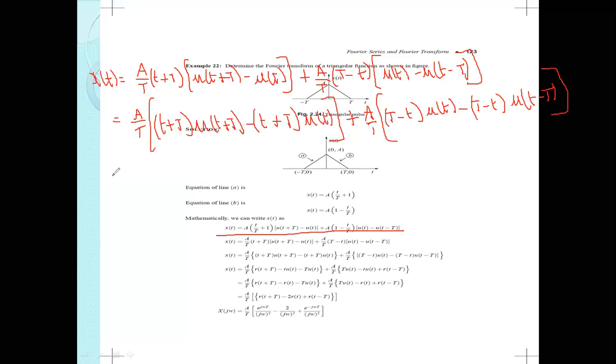Now I am rewriting the function again. A by capital T. Here the step is already shifted by T samples to the left-hand side, so nothing is different here. You can keep it like this only, the u(t plus T).